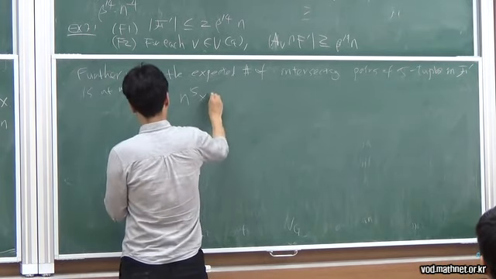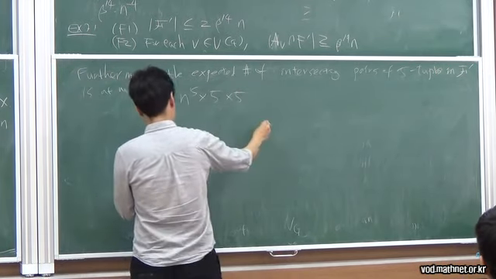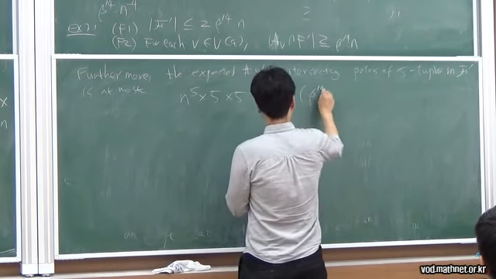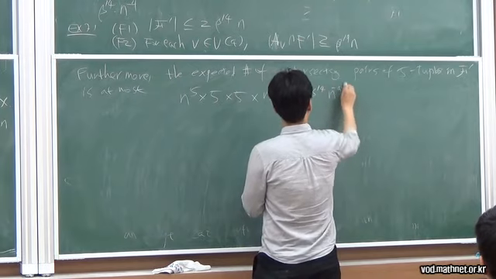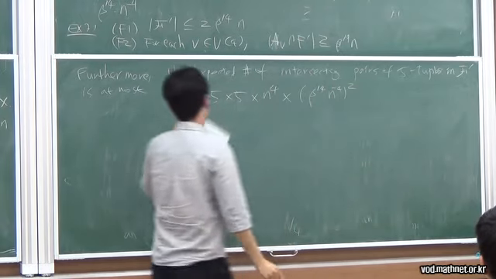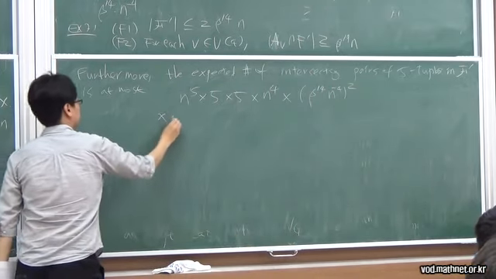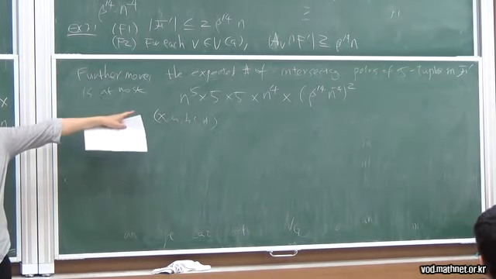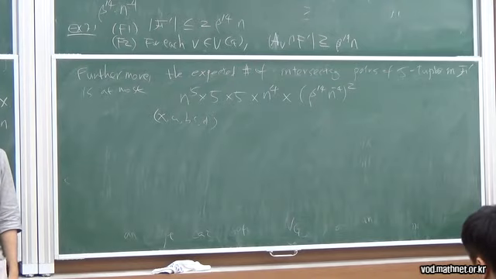n to the 5 times 5 times 5 times n to the 4 times beta to the 14 times n to the negative 4, squared. Because you fix x, a, b, c, d, one tuple, by n to the 5 many choices.